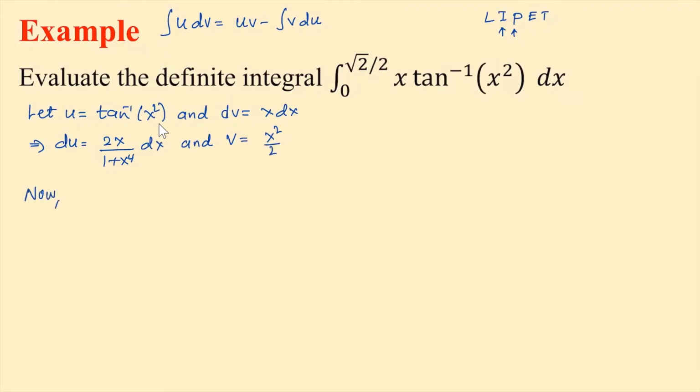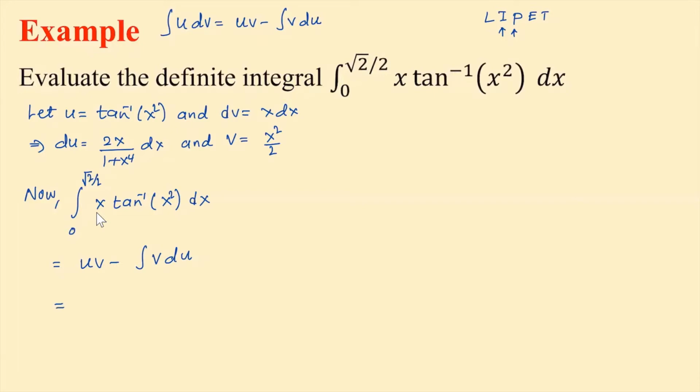Now we can use the integration by parts formula. Our definite integral from 0 up to square root of 2 over 2 of x tangent inverse x squared dx can be written as uv minus the integration of v du, with the proper limits of integration from here.